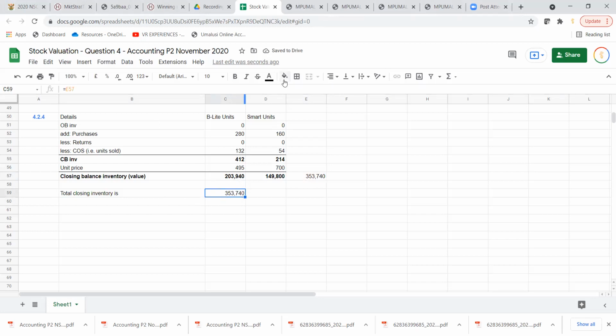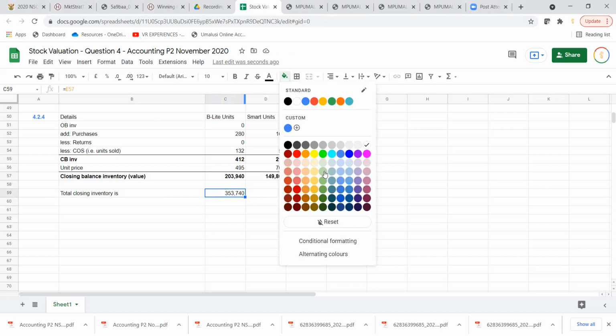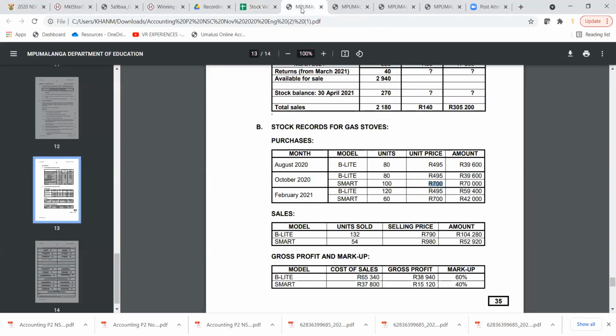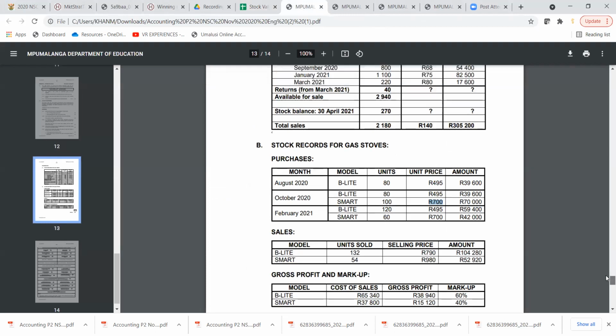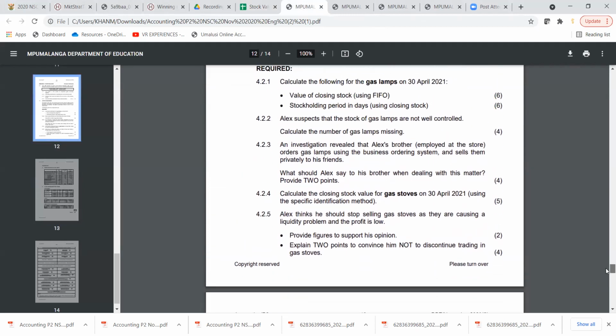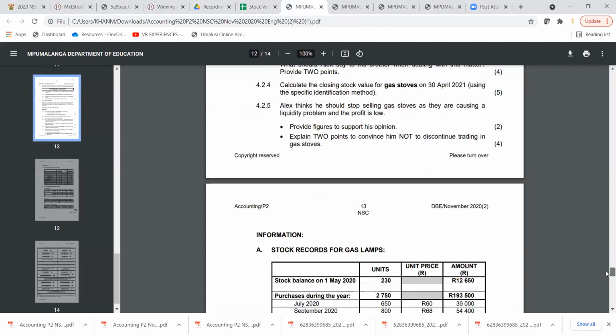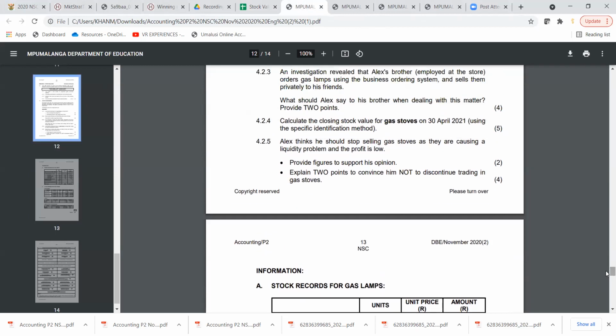Okay, so that is the answer over there. Okay, let me just see if I read everything correctly. So 4.2, calculate the closing for gas stoves. Yes, okay, so that would be the closing inventory. Okay, so now let's do the last one.